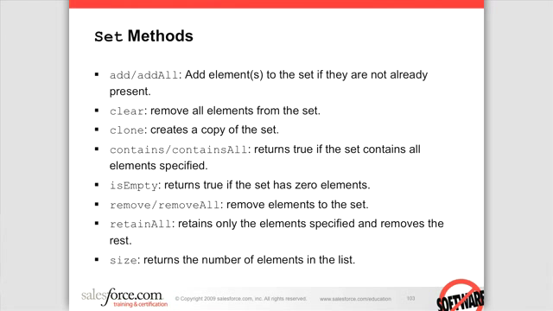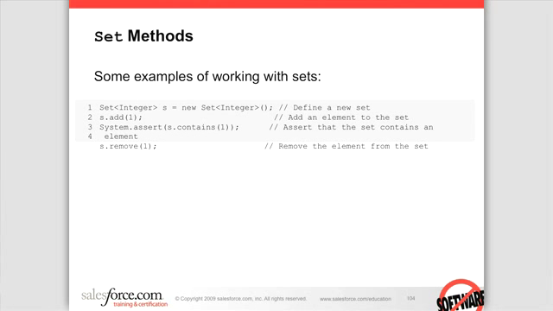In terms of methods available, the difference between add and addAll is add is a single thing and addAll is you pass another set and you're adding all of those to it. Then isEmpty, okay. Some examples of sets: a lot of the time we use a set of IDs, in other words, records that we want to do something with.